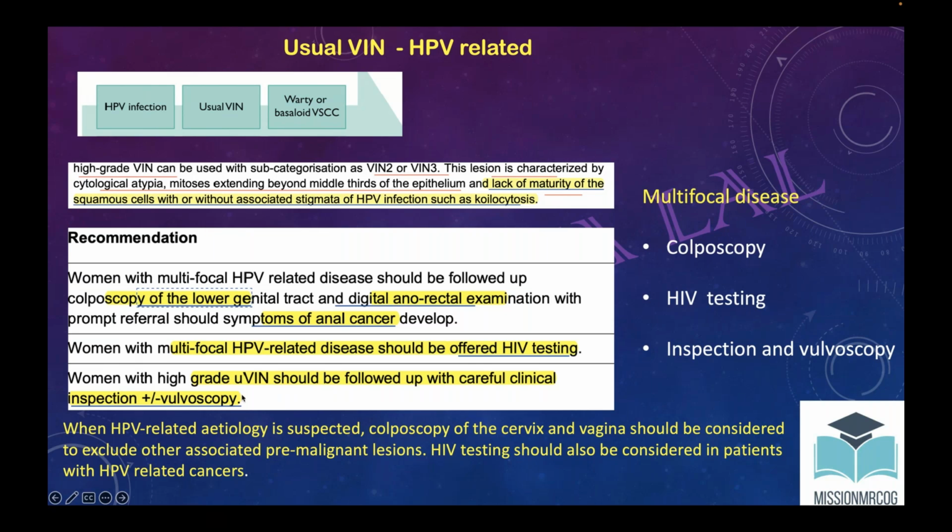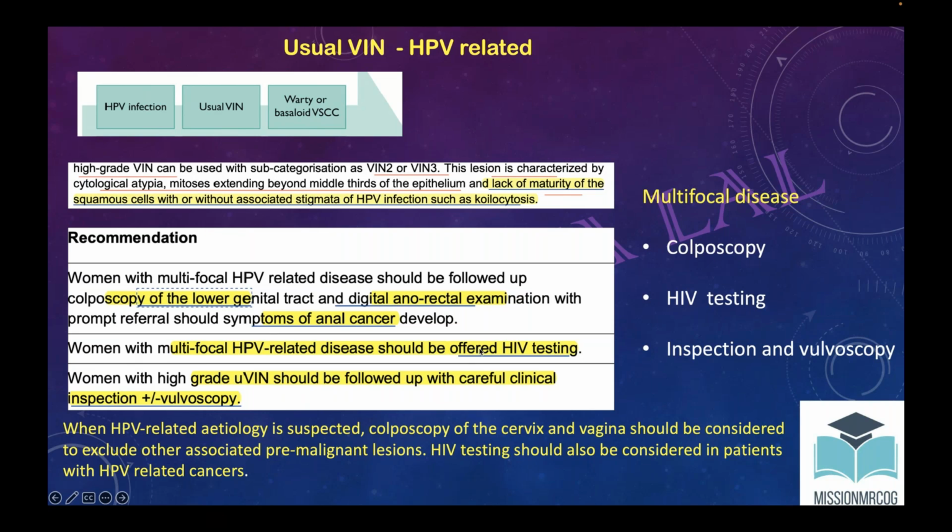This is the screenshot from the BGCS guideline that almost says the same thing. Multifocal HPV related lesion, there should be colposcopy of lower genital tract, there should be digital anorectal examination, because you could be seeing an advanced condition when the cancer is already there.